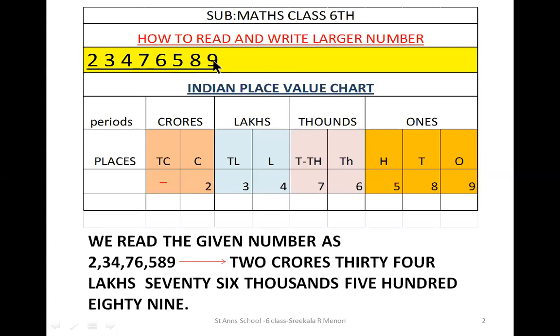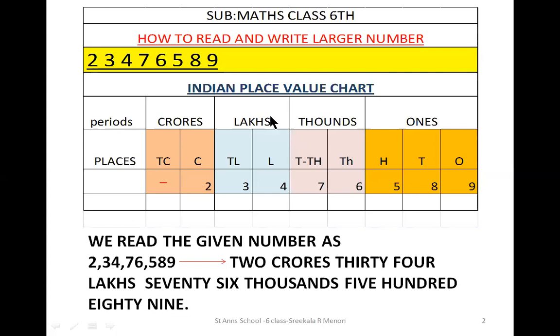What do you do? You may get confused and find it difficult to read because there are no commas and no place values. At this point, we should use our Indian place value chart.